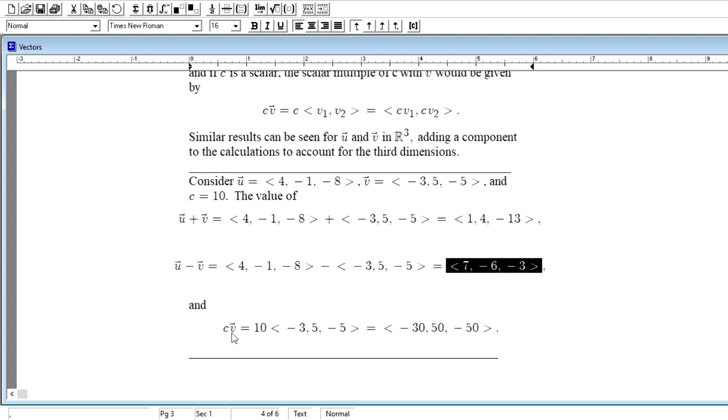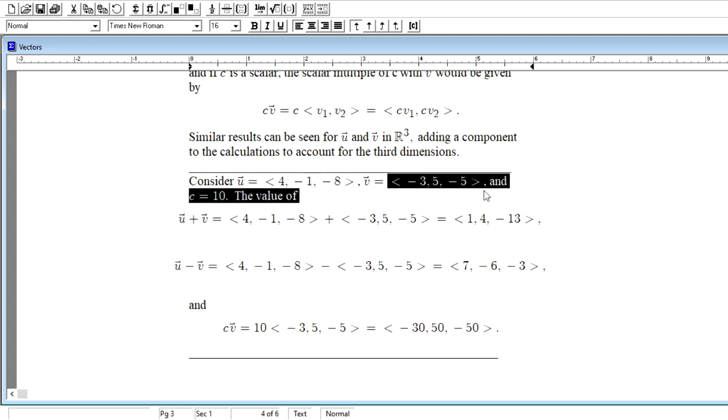If we were then to consider the scalar multiple of 10 times vector v, v being the vector -3, 5, -5, well, that 10 will just distribute itself to each of these terms. 10 times -3 is -30, 10 times 5 is 50, 10 times -5 is -50.